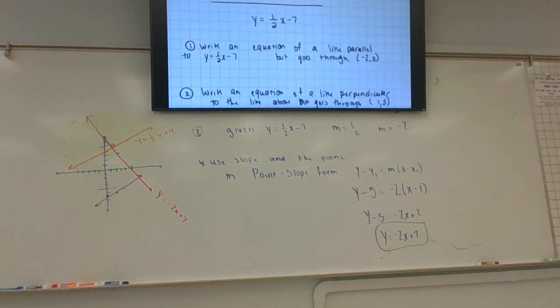Who's got a question? Yes. What's your question? Will it say that, if we get into more advanced math, find the hypotenuse or the side length of a right triangle?